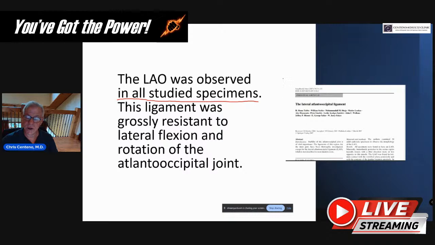That's good, because some of these smaller ligaments are in most people, but not in everyone. The ligament resisted lateral flexion, which is lateral bending, and also rotation of the lateral occipital joint. So that's the C0, C1 rotation that I've talked about previously.